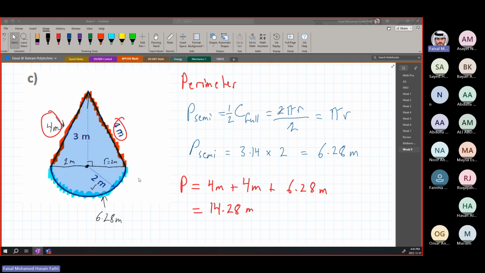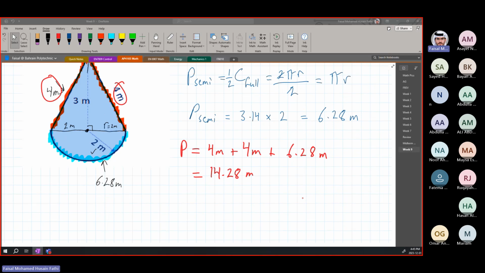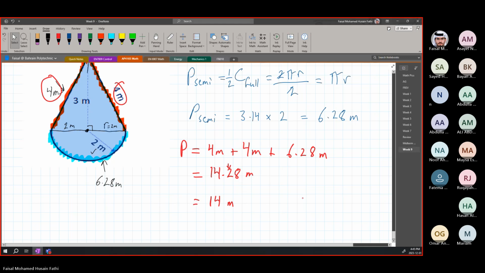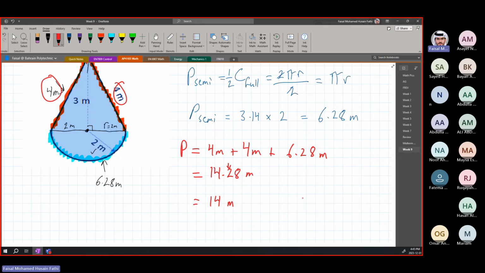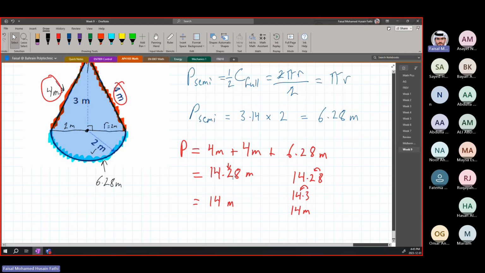But remember, the question is asking us to round to the nearest whole number. We need to look at the 14 and the number after it. The number after it is less than 5, so it's 14 meters. Or if they're using the other, more accurate technique, they're going to round the 2 and it's going to be 14.3, which again, if you round, is also 14 meters, so it's the same thing.